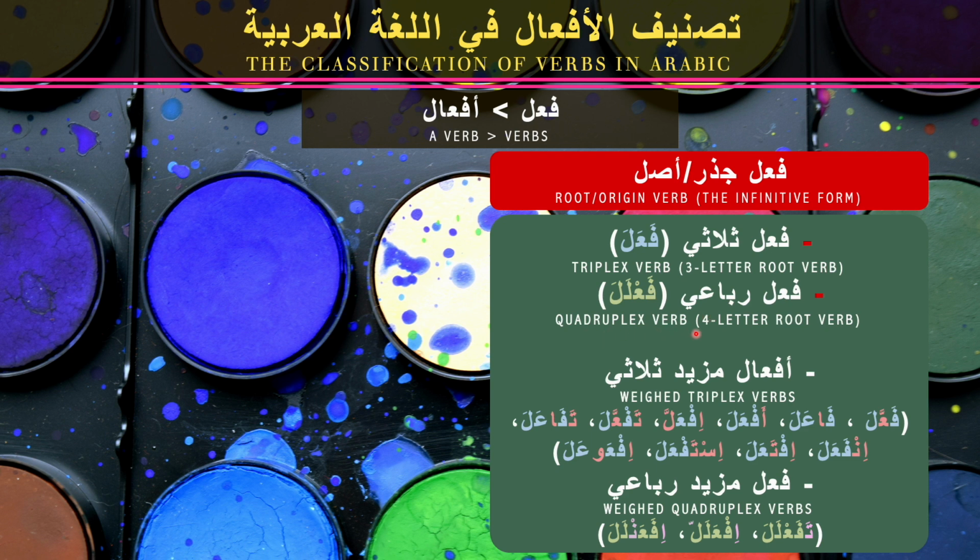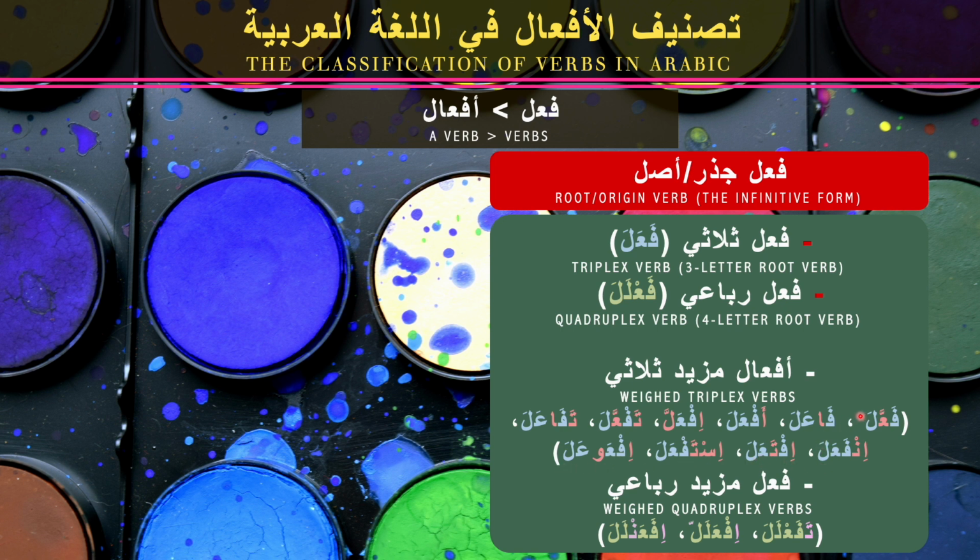Then after that, every form of these roots may have extra letters added to it, and these are called weights. For example, here we have weights of triplex verbs like فعّل, where the second letter has a shadda, or فاعل, after the second letter we have an extended vowel alif, or أفعل, إفعّل, and we have shadda and alif here. تفعّل, تفاعل, انفعل, افتعل, استفعل, افعوعل.